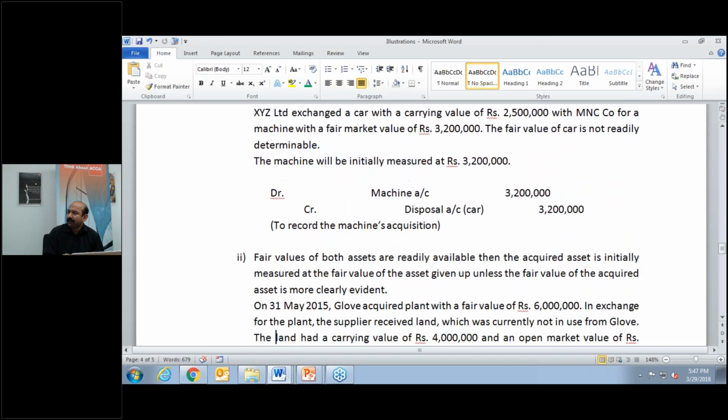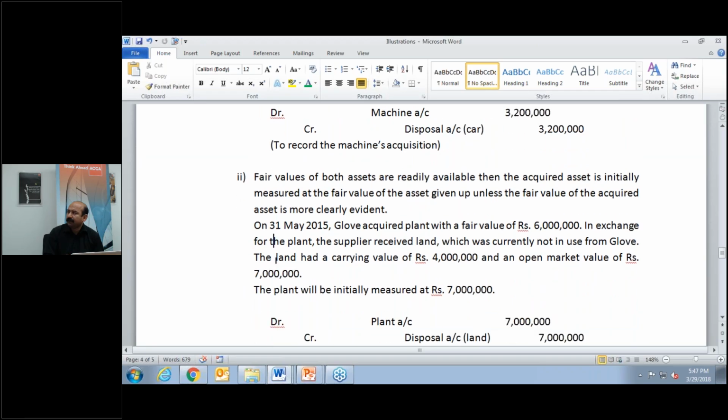Then the situation is whereby, for example, on 31st May 2015, Glove acquired a plant with a fair value of 6 million. In exchange for the plant, the supplier received land which was currently not in use from Glove. The land had a carrying value of 4 million and an open market value of 7 million.